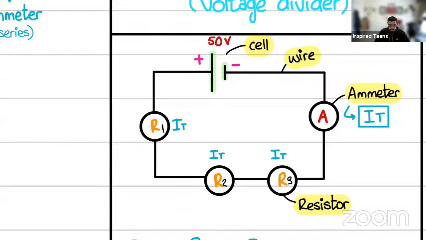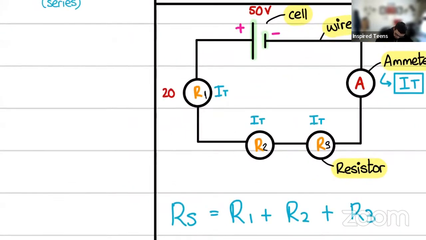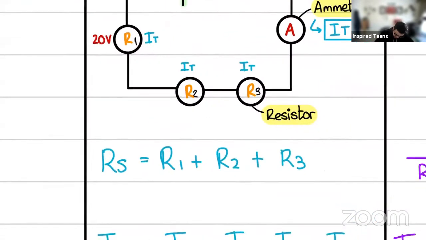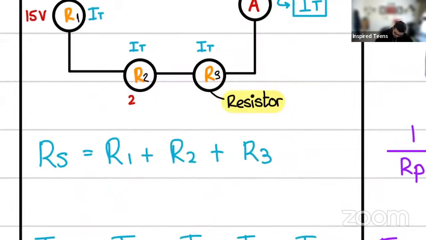It comes from our battery. In a series circuit, that voltage splits. Maybe 20 volts go here, 10 volts, maybe 15 volts go there, and 20 volts go there. That's 35 and 15.